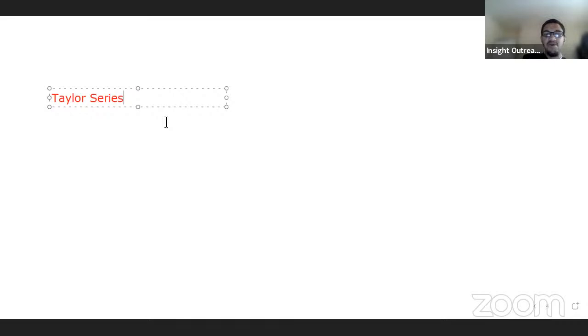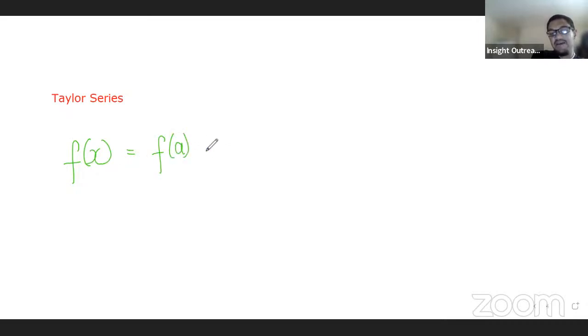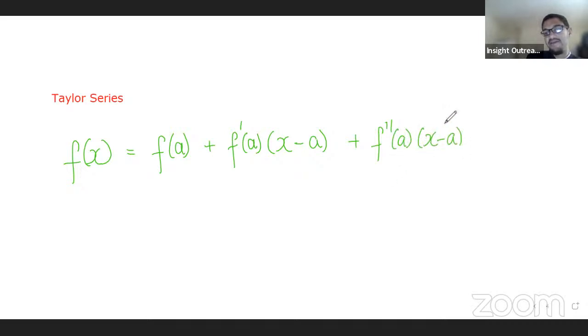So one of the examples I'll give here, this is what we posit. Let's say I have a function f. Its Taylor series would be f of a point a, plus the first derivative times x minus a, plus the second derivative at a point a, and then x minus a squared.